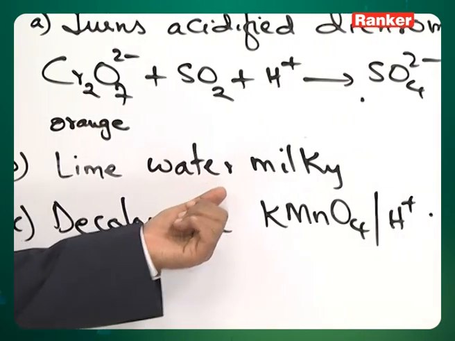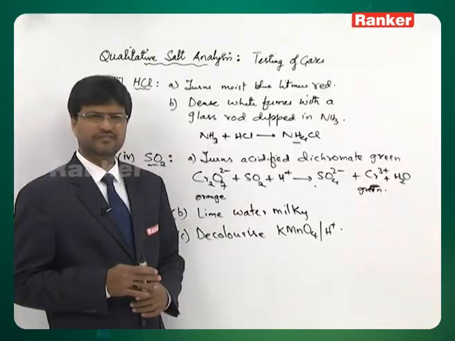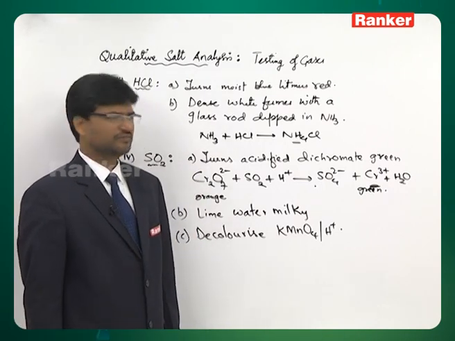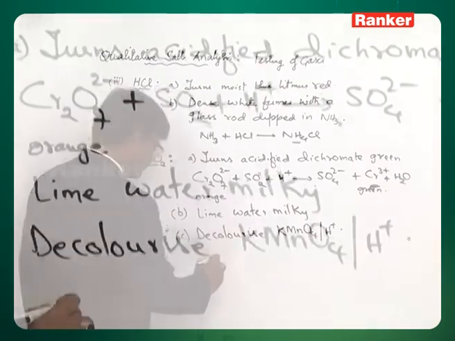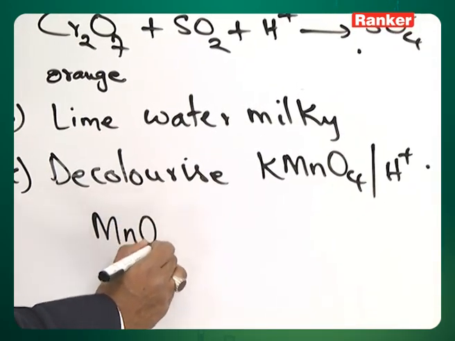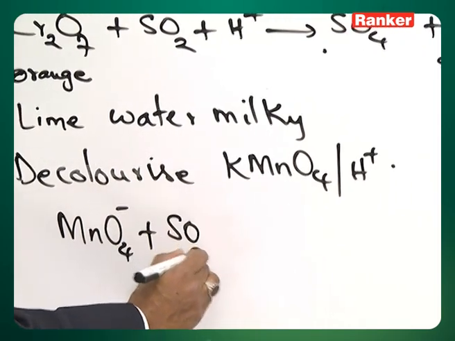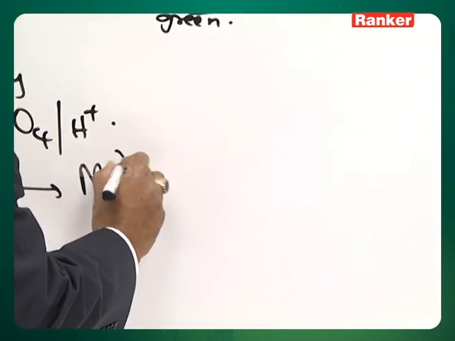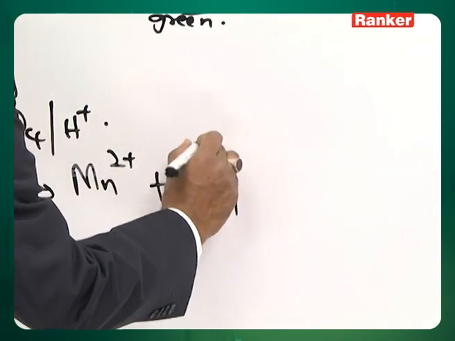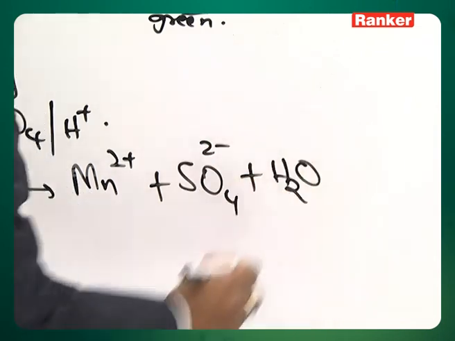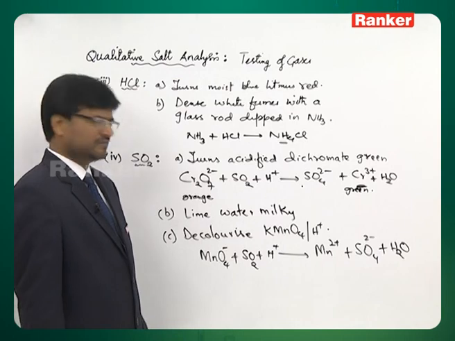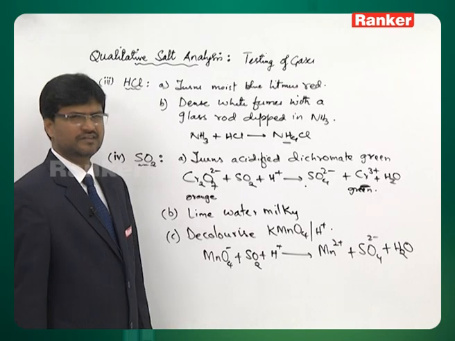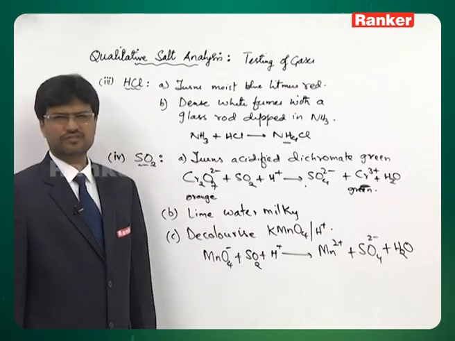This is common for carbon dioxide and sulfur dioxide, and then it decolorizes acidified KMnO4. In the reaction A and C, sulfur dioxide is said to be acting as a reducing agent. The reaction involved here is MnO4 minus, SO2, H plus, you get Mn2 plus, SO4 2 minus, water. MnO4 minus has very intense color due to ligand to metal charge transfer phenomena. The color of Mn2 plus is very, very light, so it appears as if the solution got decolorized totally.